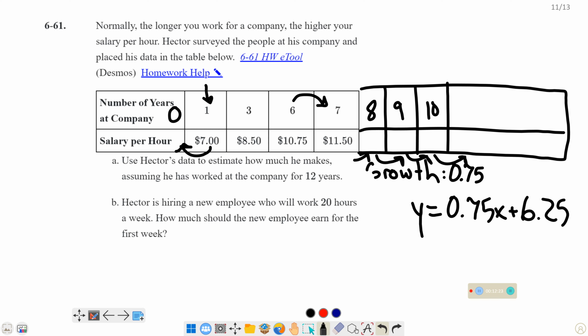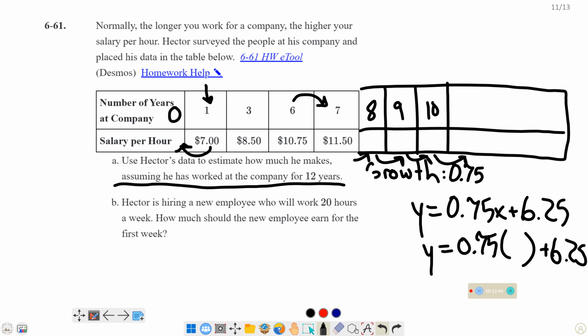That will allow you to say, oh, how much will y be when x is 12? This is you deciding which one your brain prefers. Pause the video to figure out how much per hour he will make after 12 years.